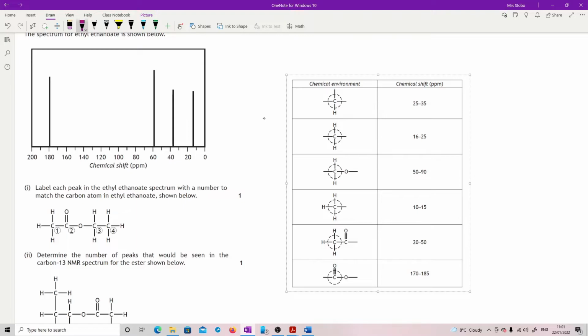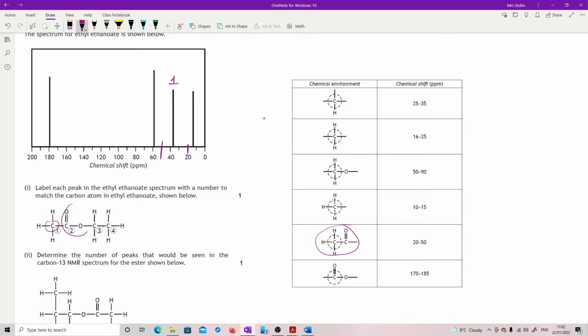Carbon 1 is a carbon with 3 hydrogens attached to it and attached to a C double bond O. Okay, so this carbon environment is this one here. Okay, so I'm looking for a 20 to 50 shift. So my 20 to 50 shift, here's my 20, here's my 50. That one there must be carbon 1.